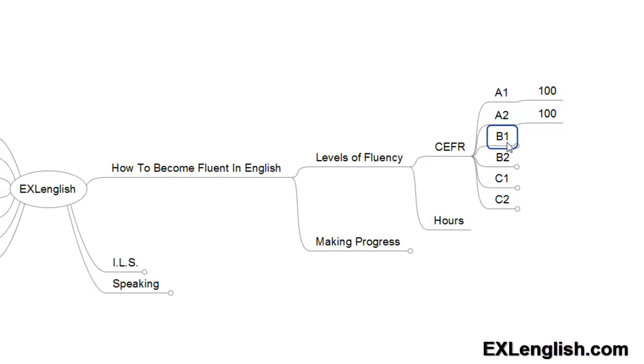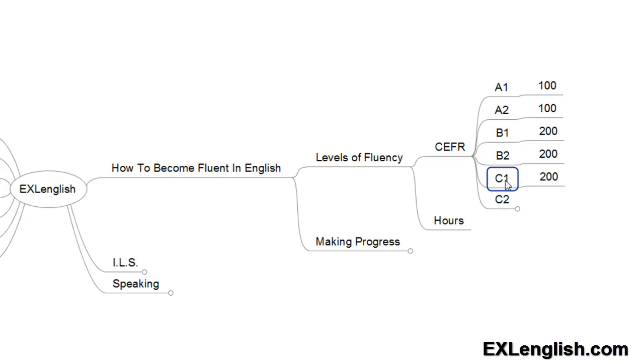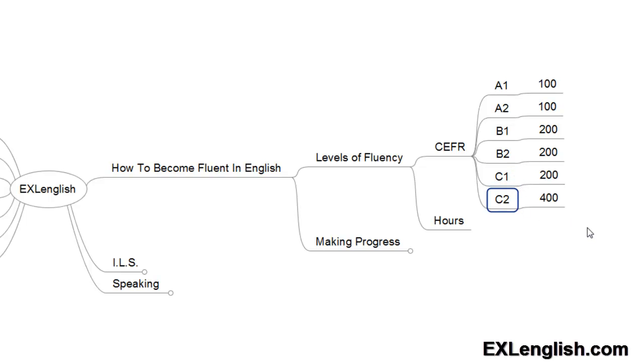Then from A2 to B1, it'll take you about 200 hours. Another 200 to reach level B2, another 200 to reach level C1, and then for you to go from C1 to C2, it'll take you approximately 400 hours of study time. Now this depends on your learning abilities, your motivation, and also the language that you speak as your mother tongue.